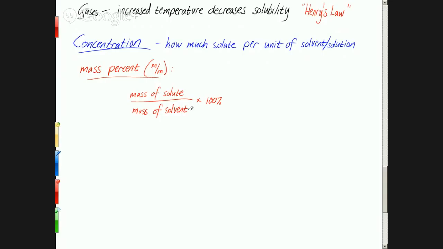Oh, I'm sorry, not mass of the solvent, that doesn't make sense. Solution.